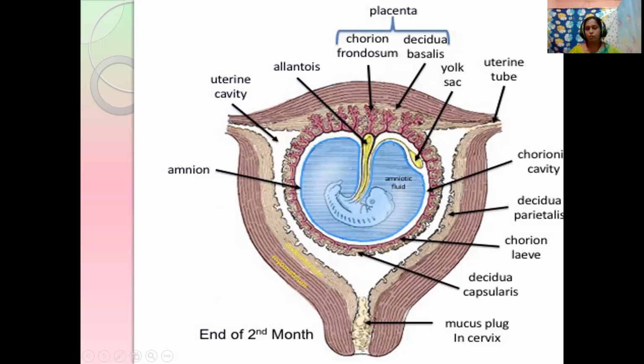The chorion is the fusion of the trophoblast layers and the mesoderm, and it is helpful for gaseous exchange. Next comes the allantois. The allantois is also useful for gaseous exchange. So these are the 4 extra embryonic membranes.